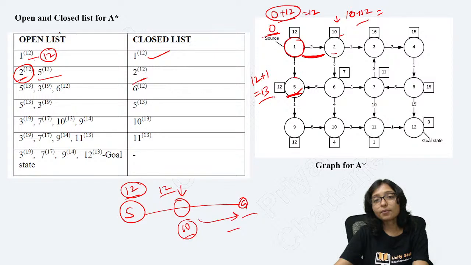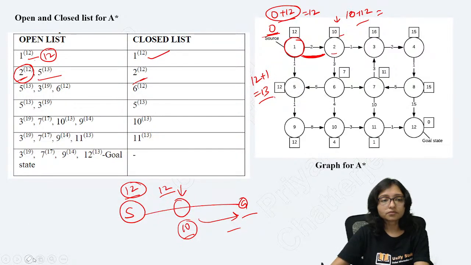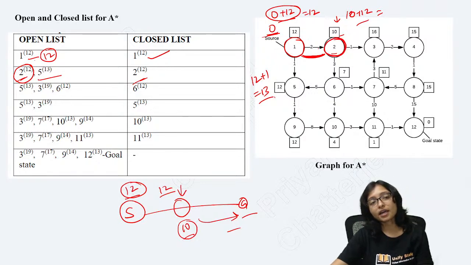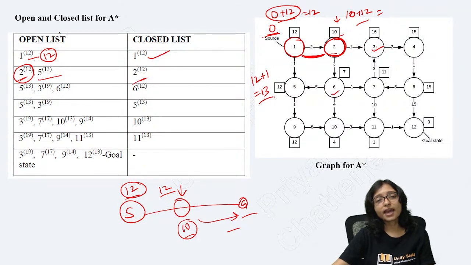Now I am coming to 12. Sorry, I will come to 10, that is 2. I will come to 2. This is my current one. Now from here, which ones will be open? This one and this one will be open. From here I will add the values.